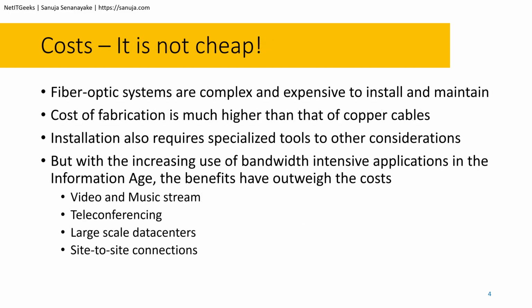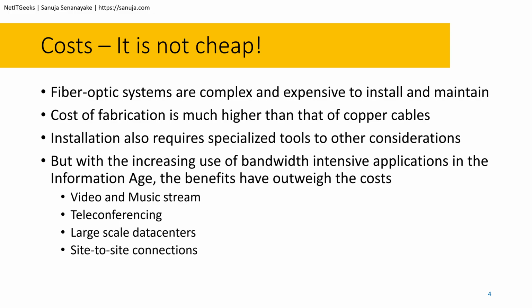The cost associated with fiber optic communication cables is pretty high. Compared to a copper cable, even the highest grade copper cables are probably twice or sometimes three times cheaper than the fiber optic cables that we use today.